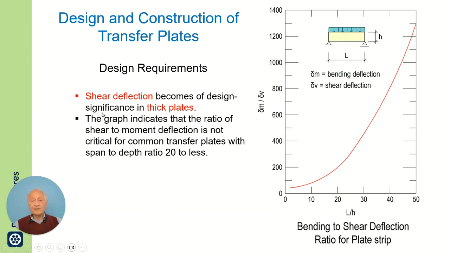I have a diagram here which shows the shear deflection becoming of design significance in thick plates. Here is the span to depth ratio, and here is the ratio of moment deflection to shear deflection.